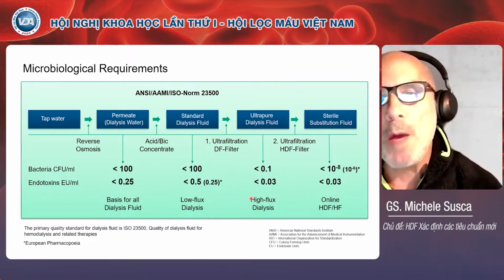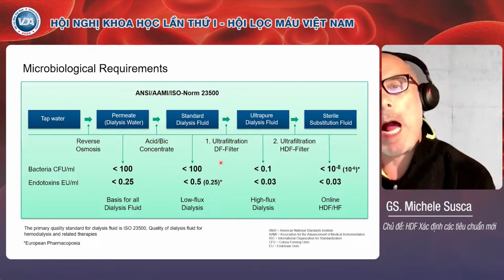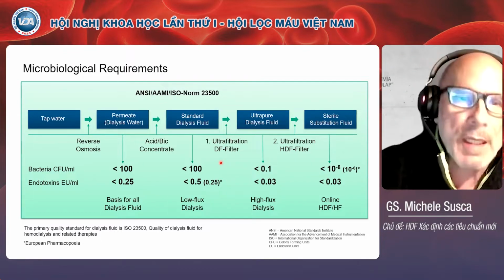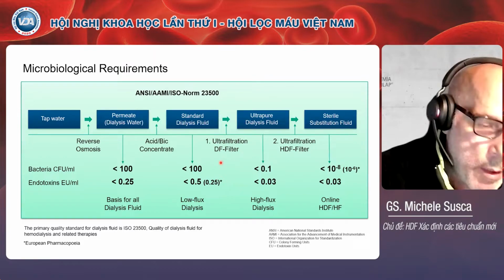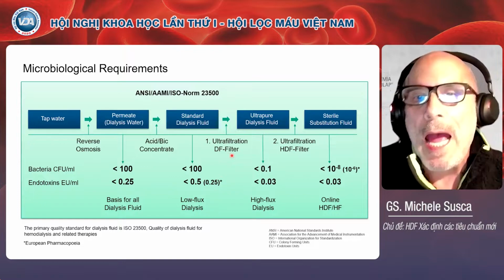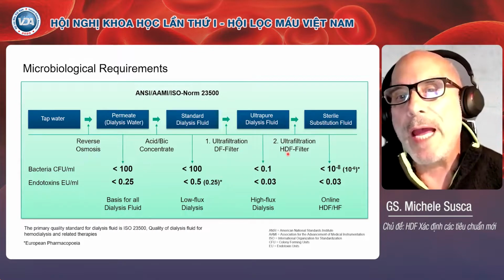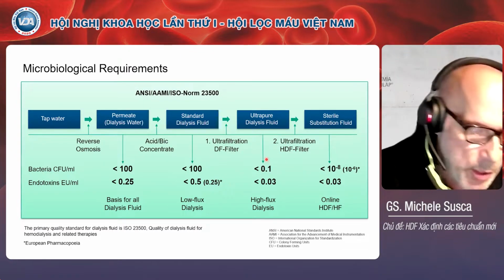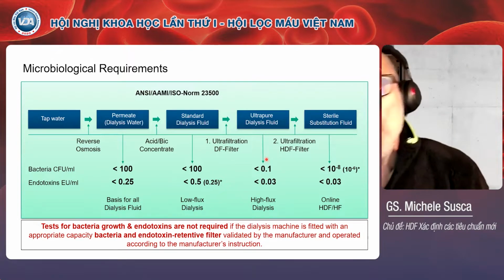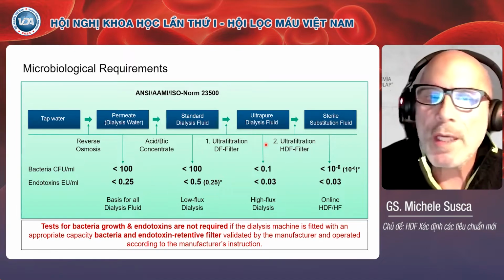So this is the way our dialysis machine cleans this water. Now, what is important is that when the machine has these filters, the DF filter and the HDF filter together, it's not necessary to test the quality of such water every time. So far, it is okay.